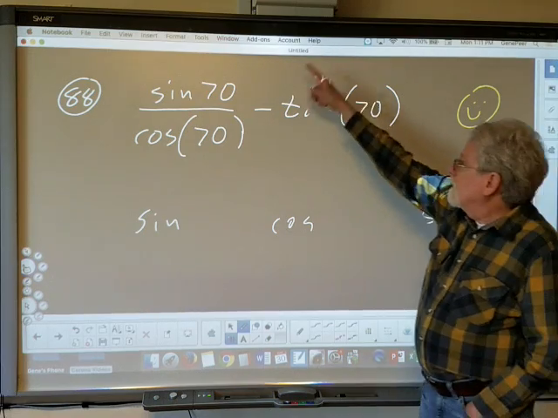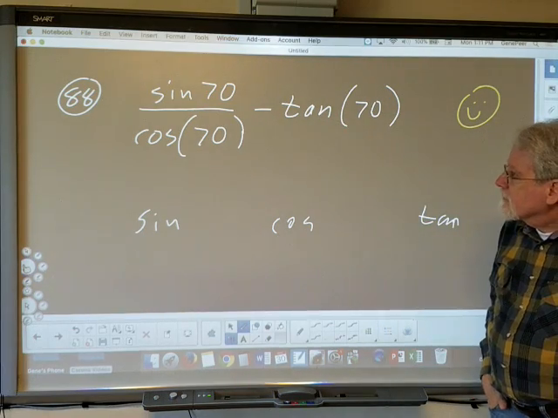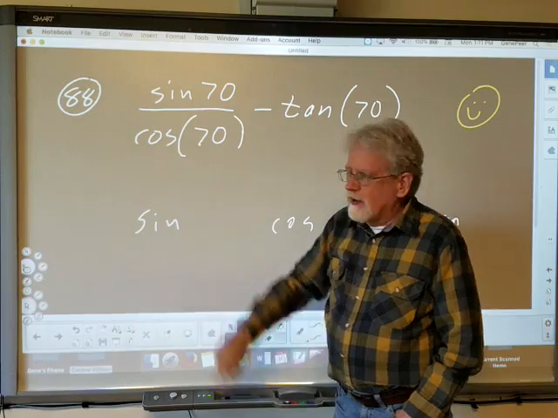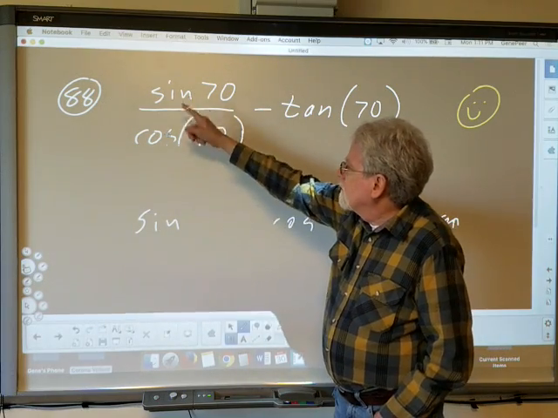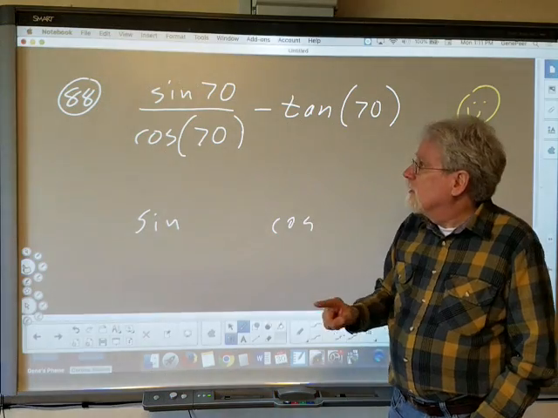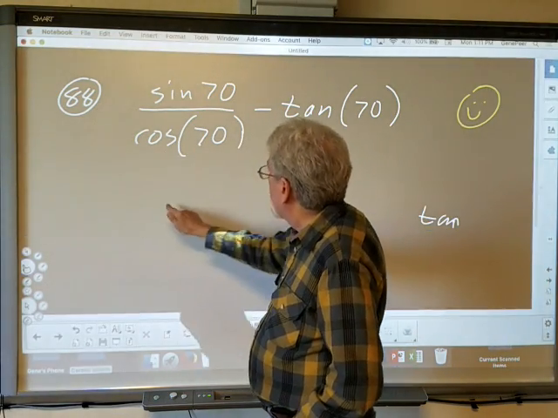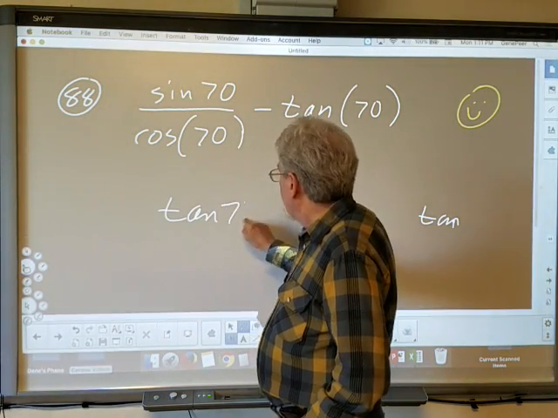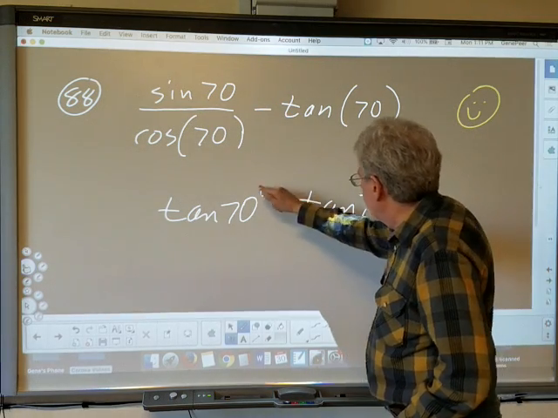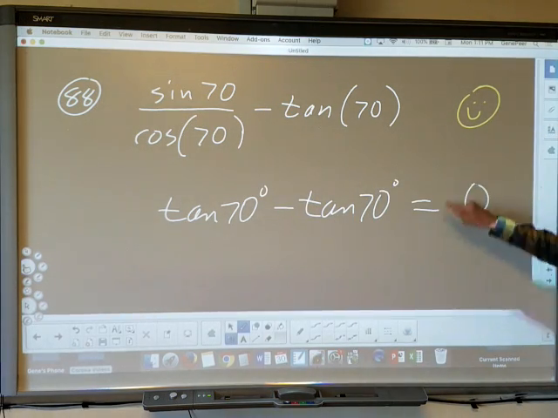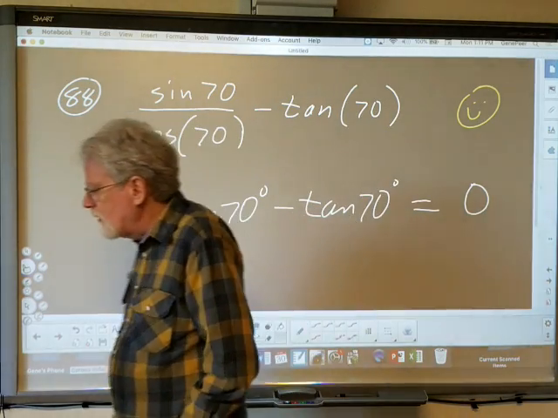We just took the negative out. And what's sine over cosine? Another one of those fundamental identities you have to know. Sine divided by cosine is tangent. So this thing breaks down to nothing more than tangent of 70 minus tangent of 70. Could that possibly be equal to 0? Yes, it could be. And we are done.